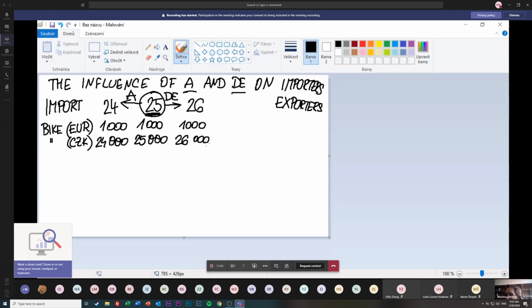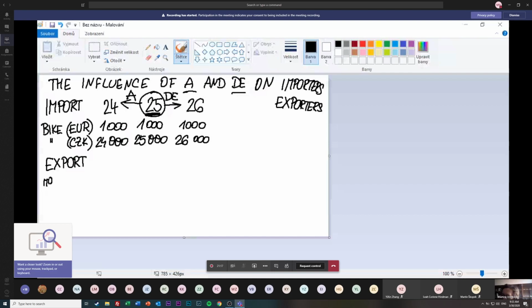The second situation is the situation of exporters. Let's say I am the exporter and I am producing and exporting motorbikes, for example.